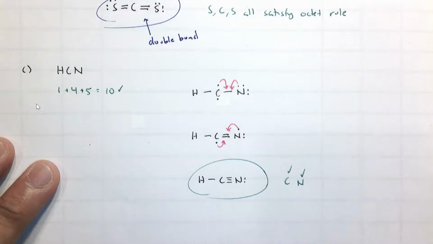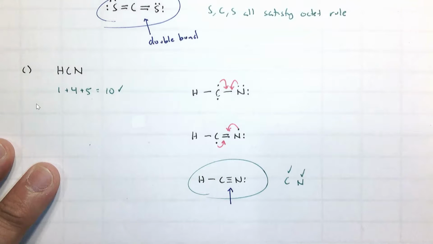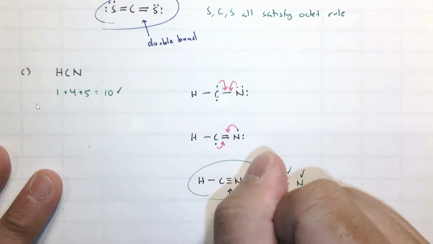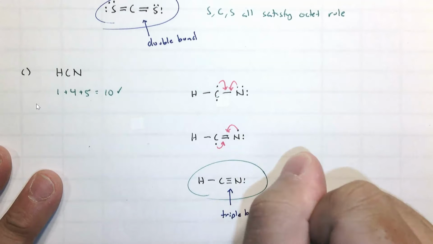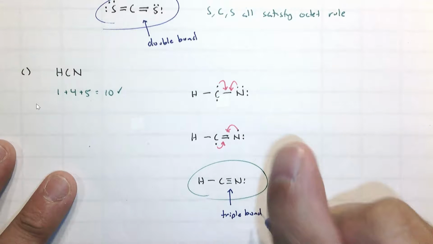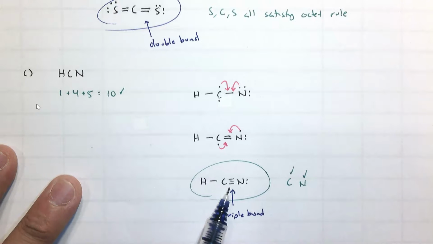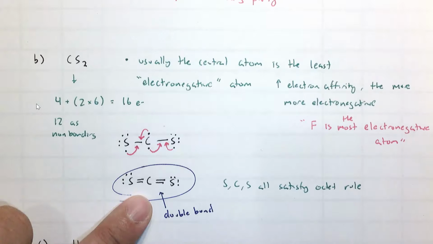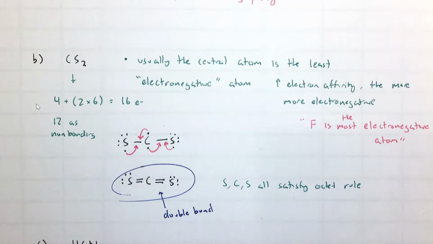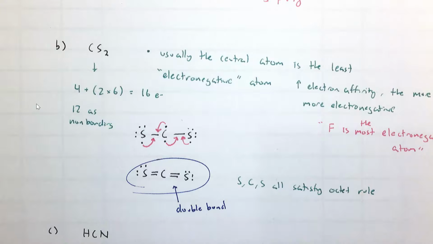And now we have an example of a molecule with a triple bond. If you're very good at counting, you know that this triple bond is represented by 6 valence electrons, 2 for each line. The double bond is represented by 4 valence electrons, 2 for each line as well.